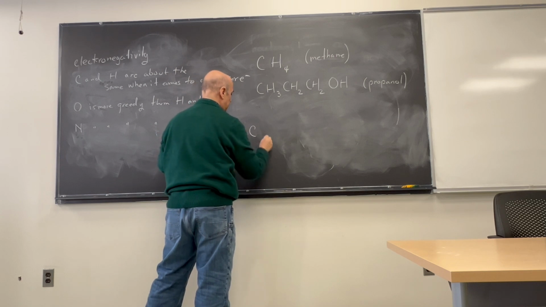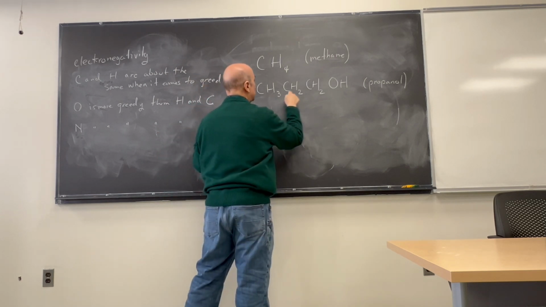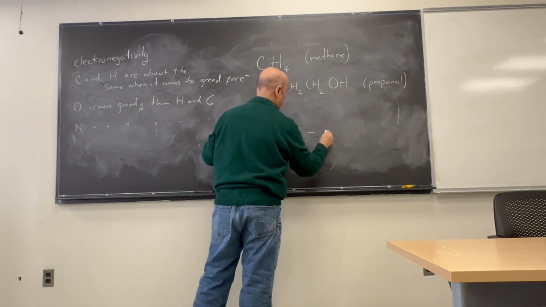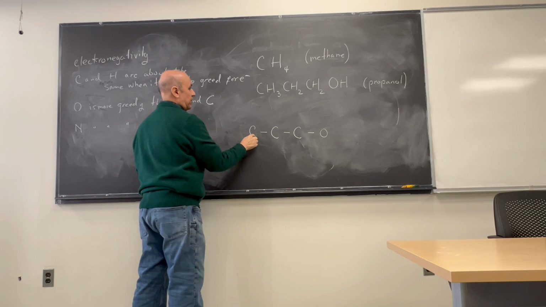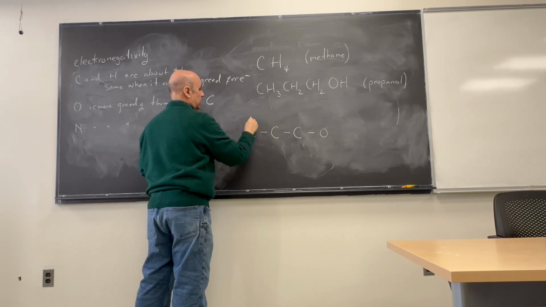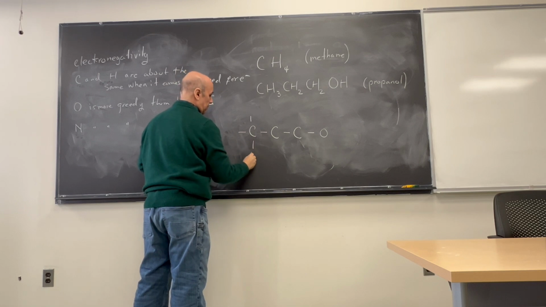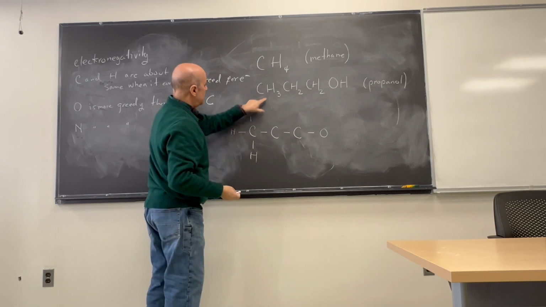So we have one carbon connected to another carbon, connected to another carbon, 1, 2, 3, and then connected to an oxygen. This carbon right here has 3 hydrogens connected to it. So there's 1, there's 2, there's 3. Hydrogen, hydrogen, hydrogen. So that represents this CH3.